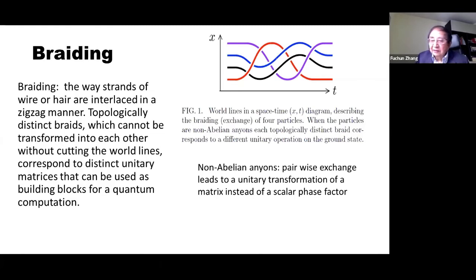Suppose the 1/3 charge excitation in the fractional quantum Hall effect at 1/3 filling. That gives you 1/3 fractional statistics. That's abelian anyons. So when you exchange, you get a scalar phase. Non-abelian means you need a matrix. So in the simplest case, it's just SU(2) versus U(1).